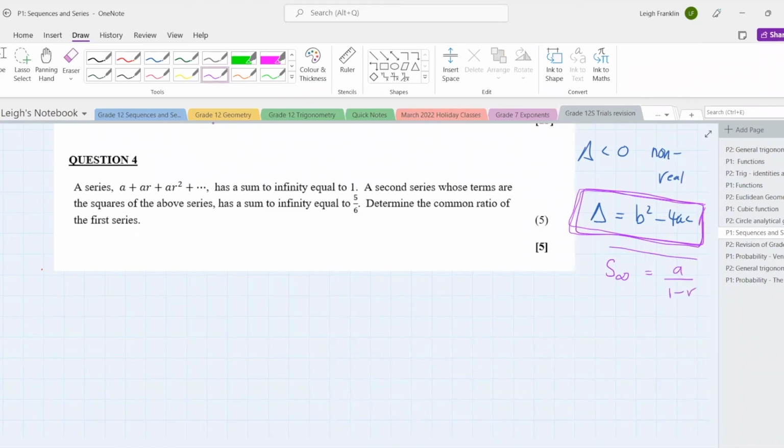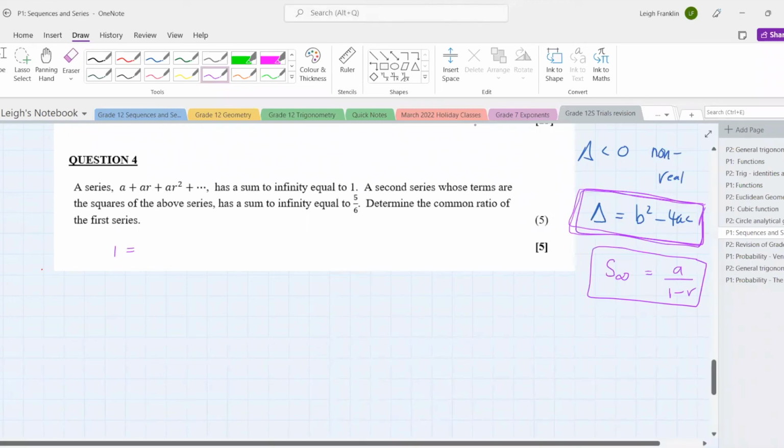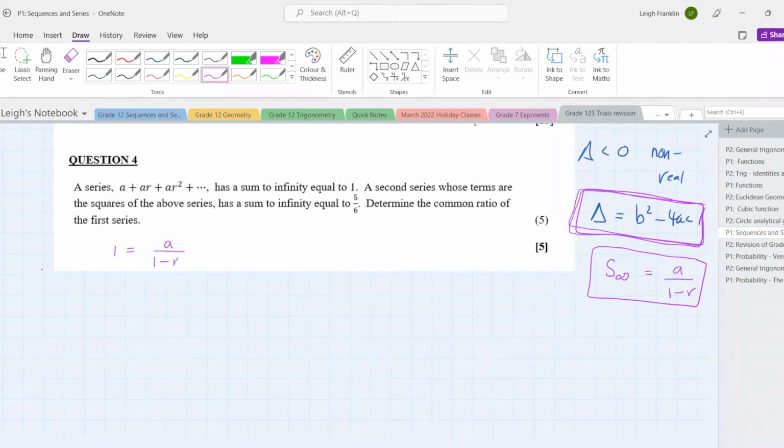Sum to infinity is a over 1 minus r. That's it. So if it has a sum to infinity of 1, it means that 1 is equal to a over 1 minus r.